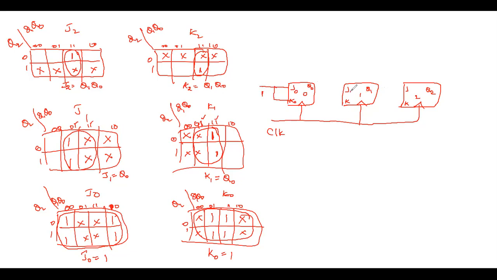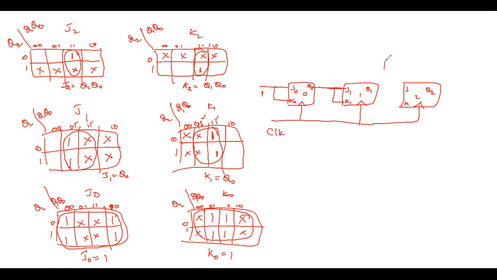Next, J1 and K1 are Q naught. For J2 and K2, it is Q1 Q naught, which means an AND gate.